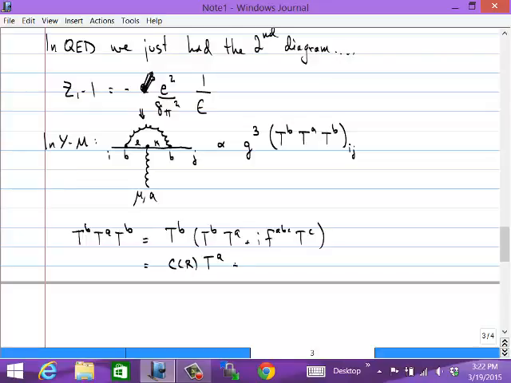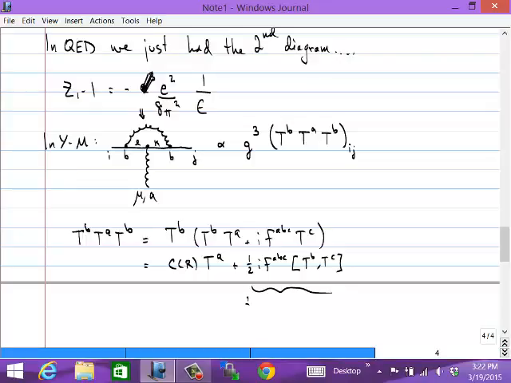So that's plus 1/2 I FABC times the commutator of TB with TC, using the fact that FABC is antisymmetric, so I could rewrite FABC TBTC as 1/2 FABC times the commutator. And what is that commutator? Well, that's going to be 1/2 I FABC. What is the commutator? It's FBCD times TD.